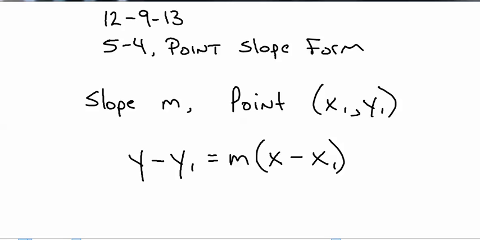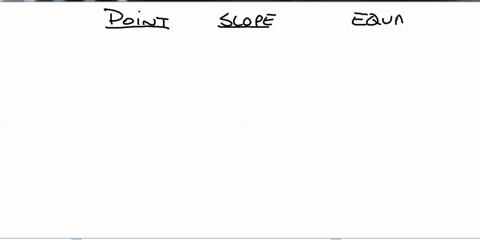If you have a point, and you've got the slope and then your equation. Let's say that the point you're given is -3, 6.